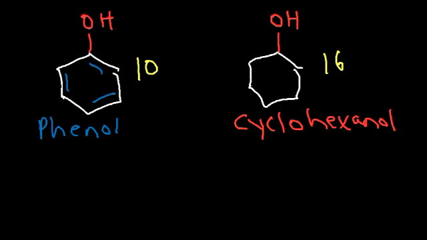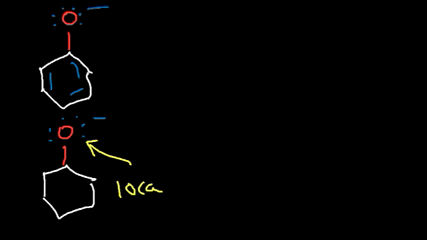But now let's draw the conjugate base of these two compounds. So here is the conjugate base for phenol, and below we're going to draw the conjugate base for cyclohexanol. So as you can see, the conjugate base of cyclohexanol doesn't have any resonance structures. So here we only have localized electrons.